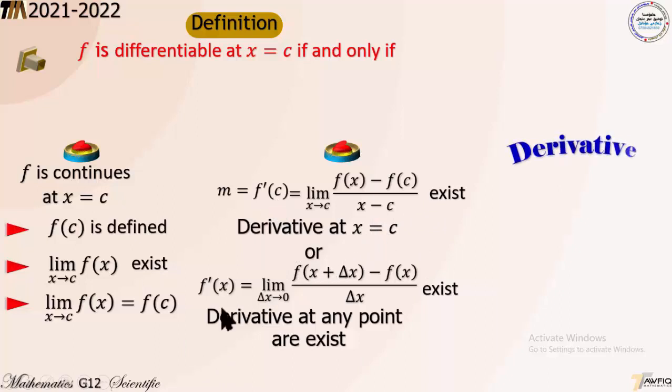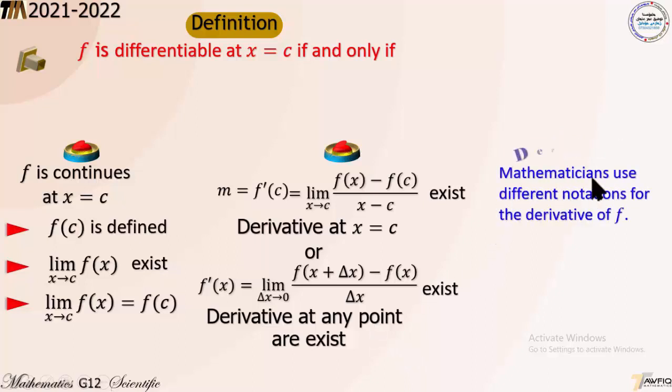Or f prime of x equals the limit as delta x approaches 0 of f of x plus delta x minus f of x over delta x must exist. This is the derivative at any point, and it must exist. Mathematicians use different notations for the derivative of f.